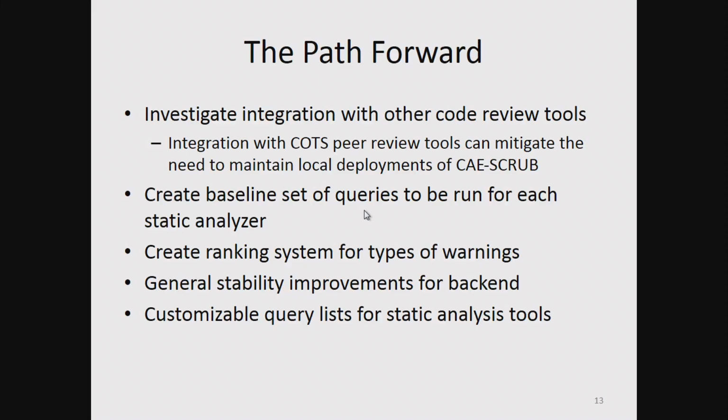Like I mentioned, we would like to create a ranking system for each of the types of warnings coming out, a way to prioritize when you have a large number of warnings. Stability improvements on the back end: it's pretty good right now, but text parsing is not an exact science for me, so there's still some room for improvement there.